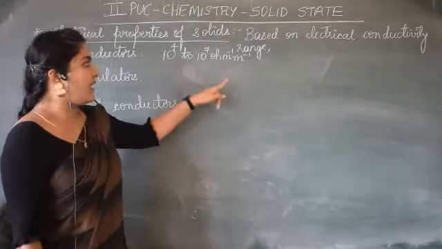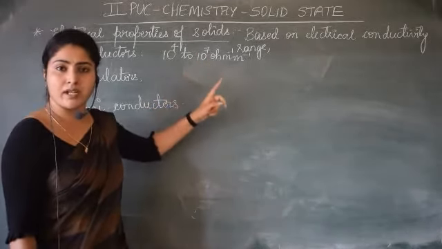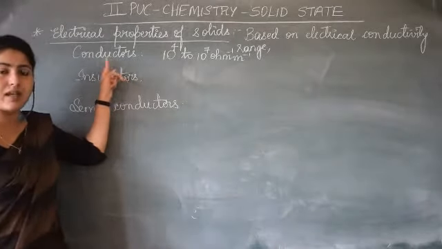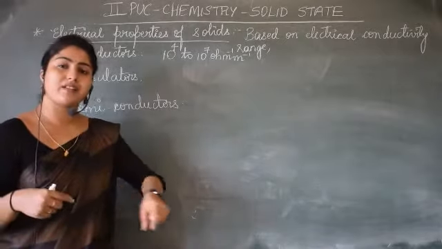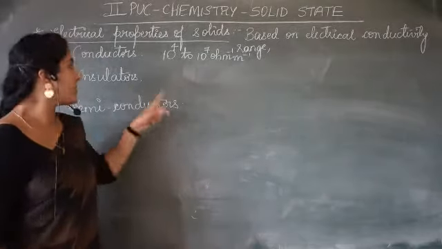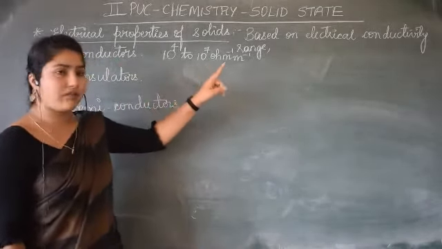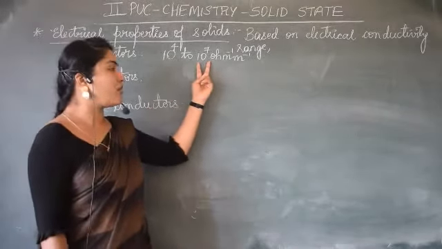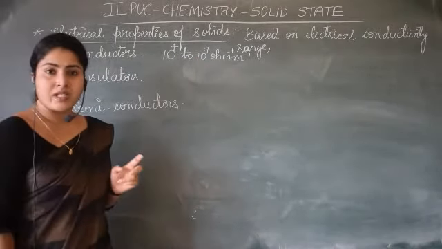If the electrical conductivity range is 10^4 to 10^7 ohm inverse meter inverse, then we call such substances conductors. Conductors means they can conduct electricity. They can allow the electric current to pass through it, electrons to pass through it. That is what it means. So what are conductors? The substances in which the electrical conductivity range lies from 10^4 to 10^7 ohm inverse meter inverse.